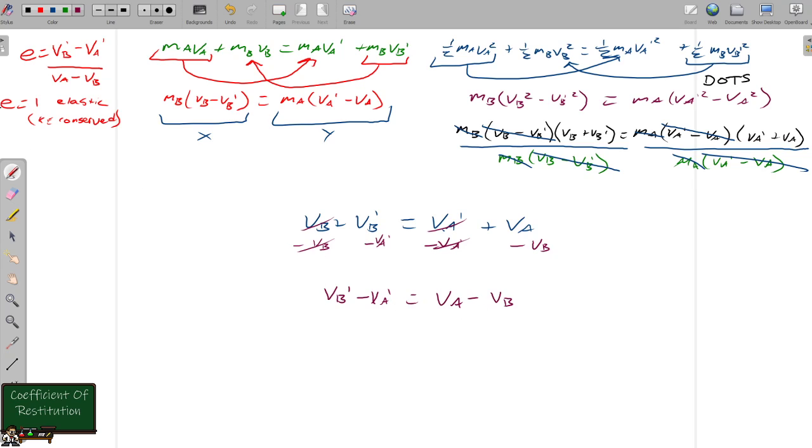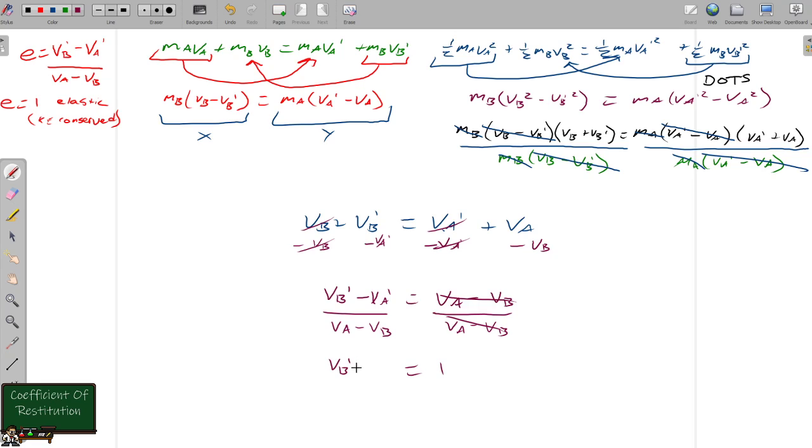And then since our coefficient of restitution equation is in terms of a ratio, I divide both sides by VA minus VB. And the final equation that I come up with, VA minus VB over VA minus VB, is 1.